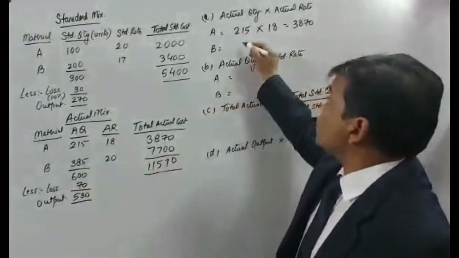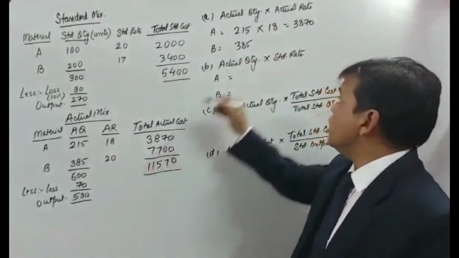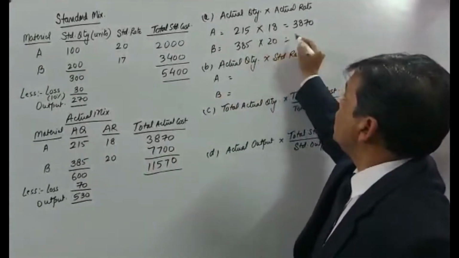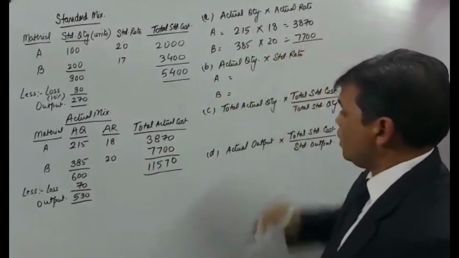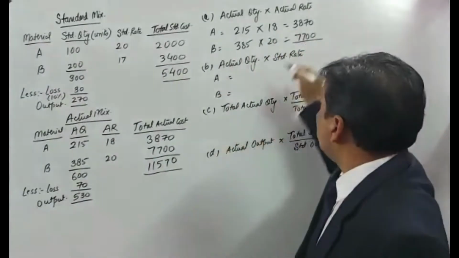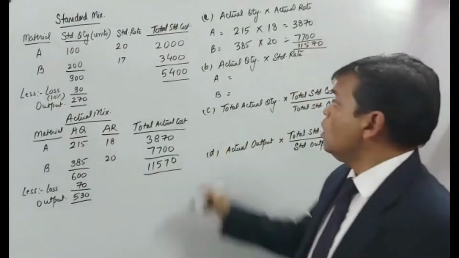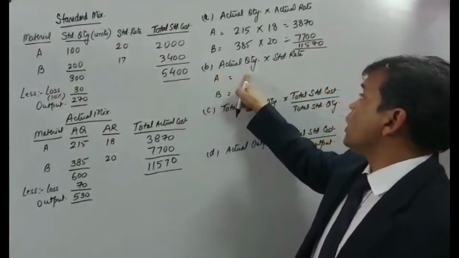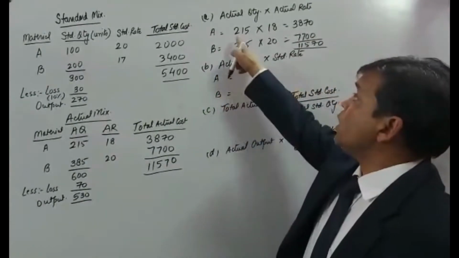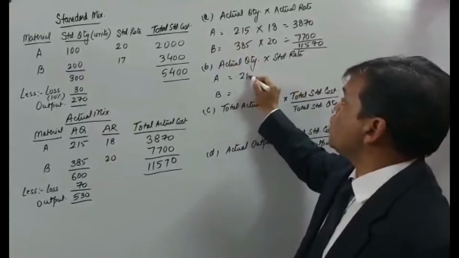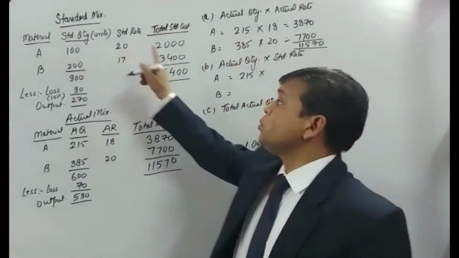For material B, the actual quantity is 385 and the actual rate is 20 rupees, so this is 7700, which gives a total of 11570. In B, we calculate actual quantity into standard rate. The actual quantity is the same as in A, that is 215 for material A, but the standard rate is 20 rupees per unit.